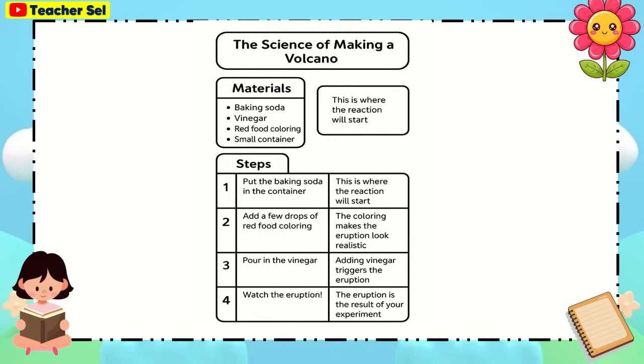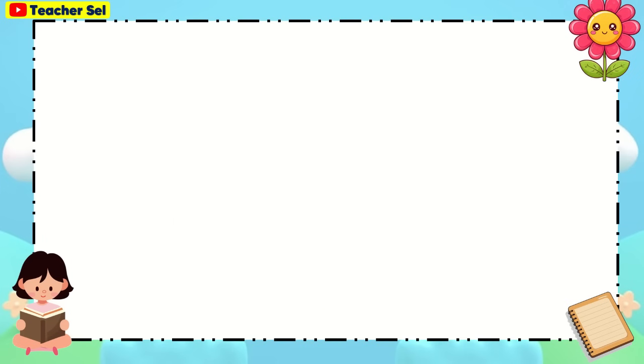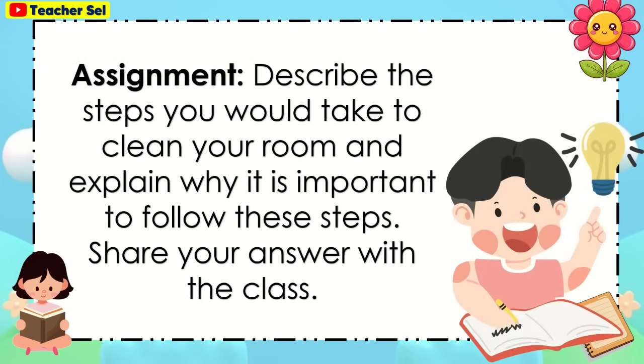So here's what the graphic organizer should look like. For your assignment, describe the steps you would take to clean your room and explain why it is important to follow these steps. Share your answers with the class.